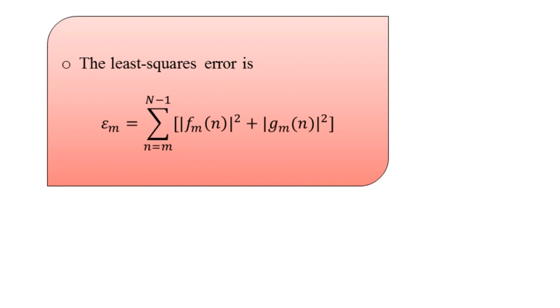The first one is mod square of the forward error denoted by f suffix m of n, and this is added to another mod square term for the backward error, so mod square of g suffix m of n here. So this is the least squares error that is to be minimized by the selection of the prediction coefficients, subject to the constraint that they satisfy the condition of the Levinson-Durbin recursion algorithm here.